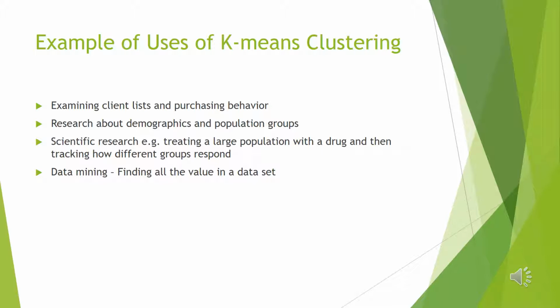Basically, it's the ability to go to a big data set and find value in it, to find things that are useful that we may not have known were even there. K-means clustering is a good way of doing that, because if we divide a data set up based on certain parameters into, say, 5 clusters, what are we finding in those clusters? And what similarities did we find that we may not have expected to find?